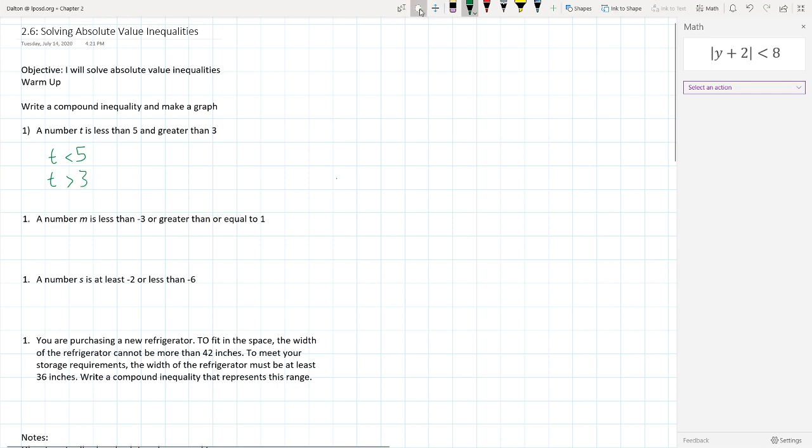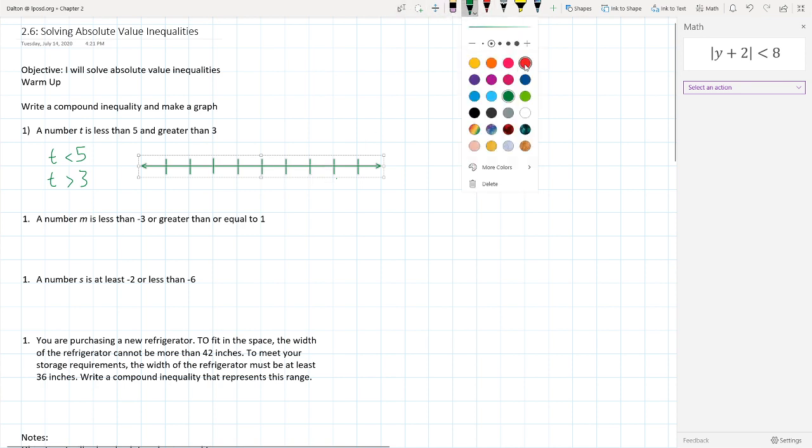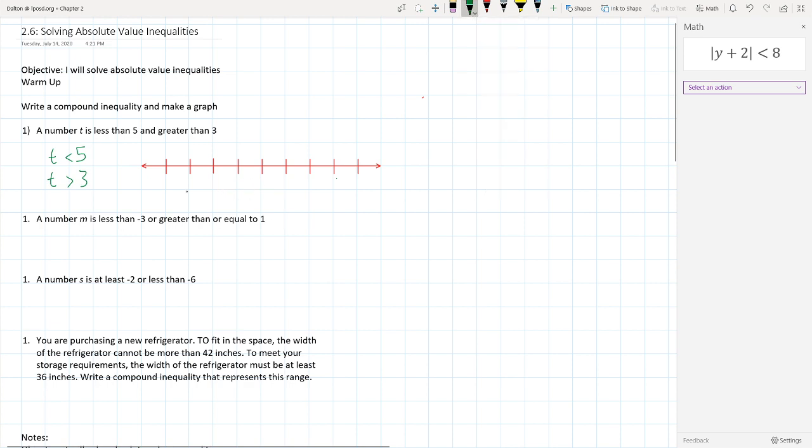Now to make a kind of number line. Let's call this 2, this 3, 4, 5, 6.